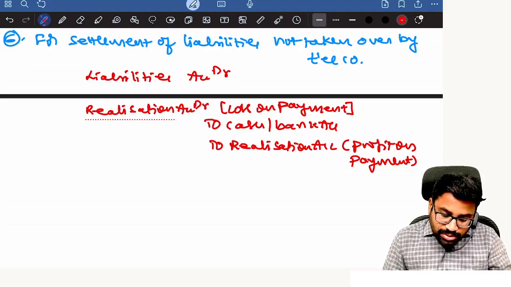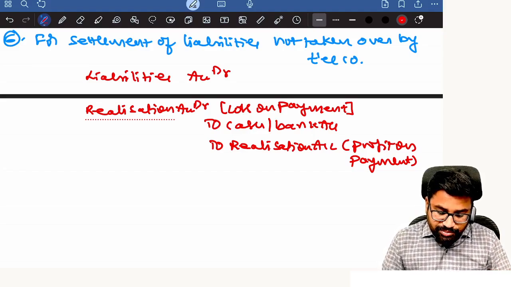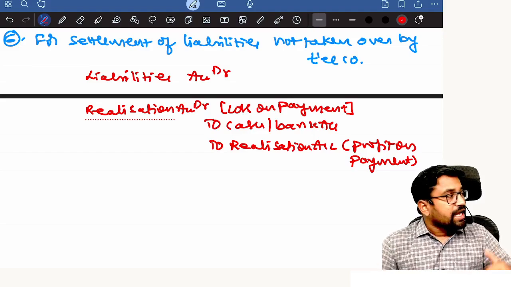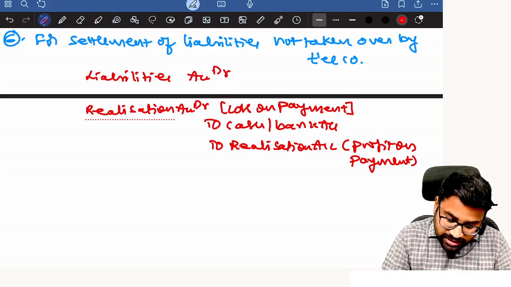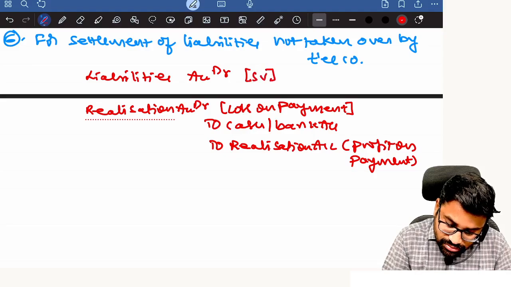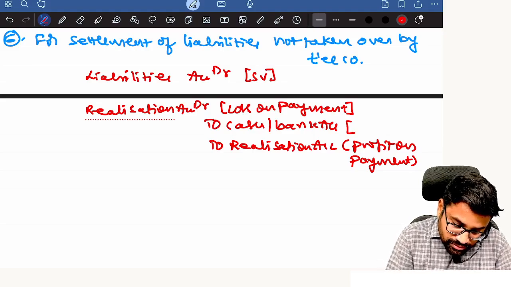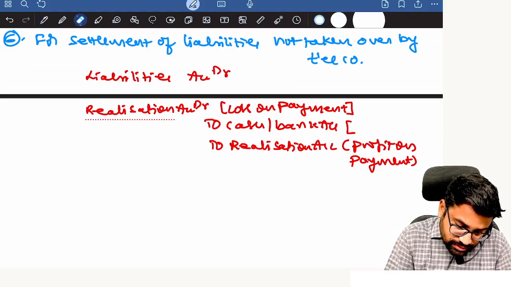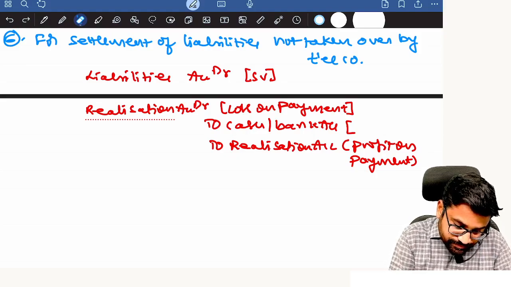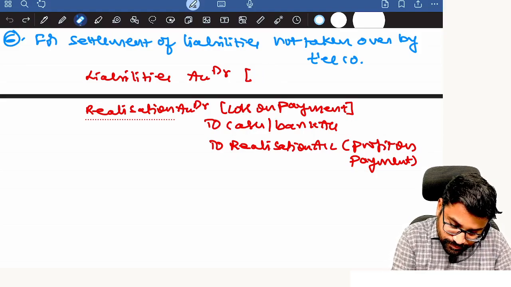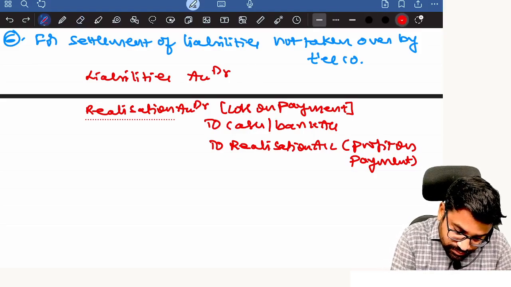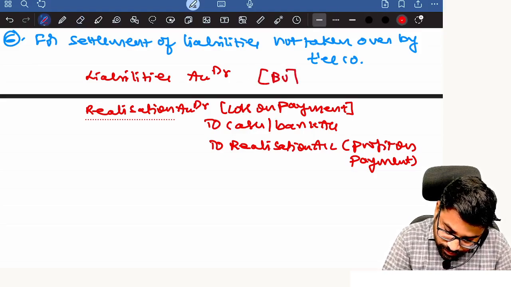So the liabilities which are not taken over by transferee company, we will settle on our own, and any difference between the book value, see, this is not the sale value, this is book value of the liabilities, and we settled it.